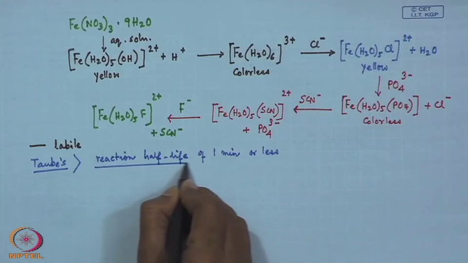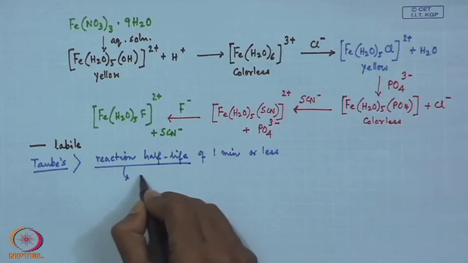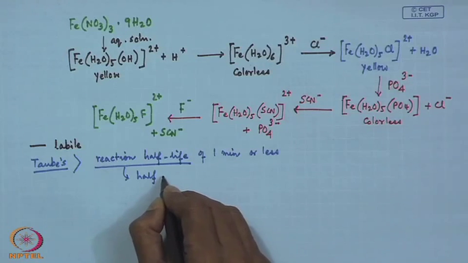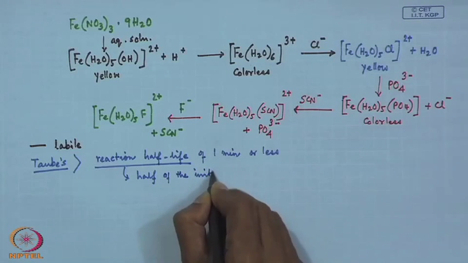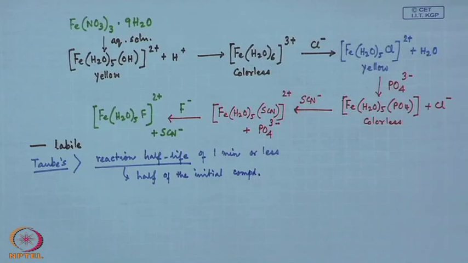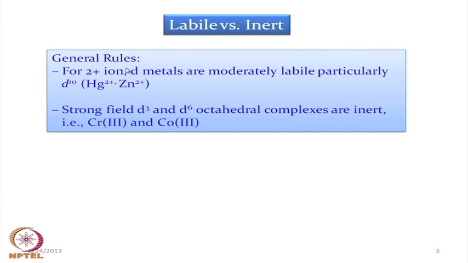Reaction half life is nothing but the time of disappearance of half of the initial compound. So, time required to disappear half of the initial compound. When the reaction half life is 1 minute or less, we get the corresponding labile complex. So, we now have the definition of labile in our hand.